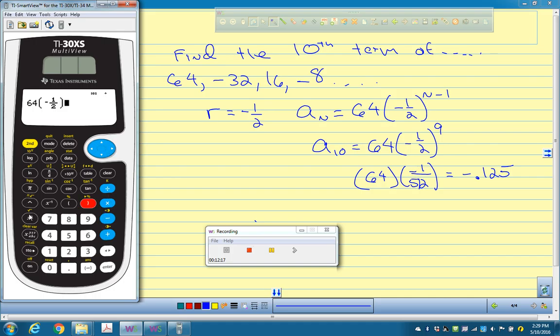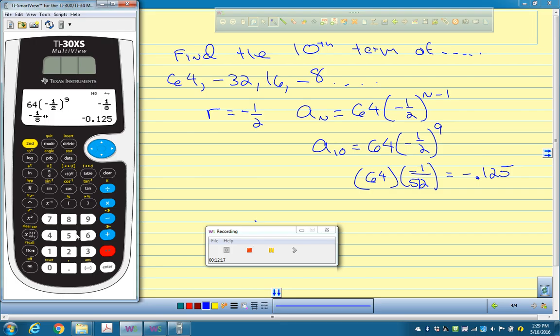These are really nice calculators because they put everything where they're supposed to be. Then I just raise to the 9th power, hit enter, and it gives you negative 1/8. If you didn't want it as a fraction, you hit that button right there, and you get negative 0.125. Isn't that amazing?